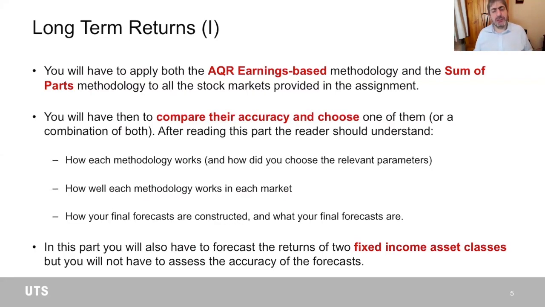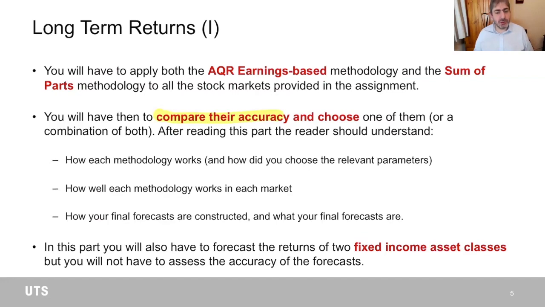So you need to apply these methodologies to all the 7 markets, and then you need to forecast the return. Now, you will have to apply both methodologies and then compare their accuracy. We're going to see next week how you do that. And then you will have to choose one of them or a combination of both.